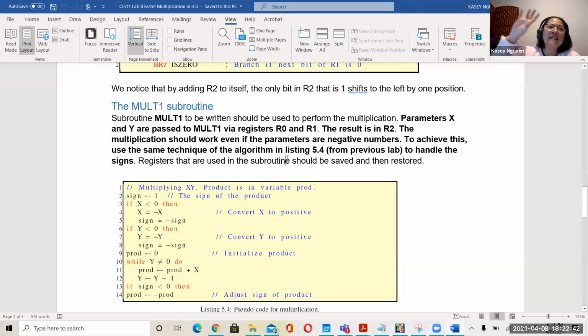So we can set all that up at the beginning, and then we restore that at the end. That is the temporary location where you put the values, and later on you can retrieve them. Okay.